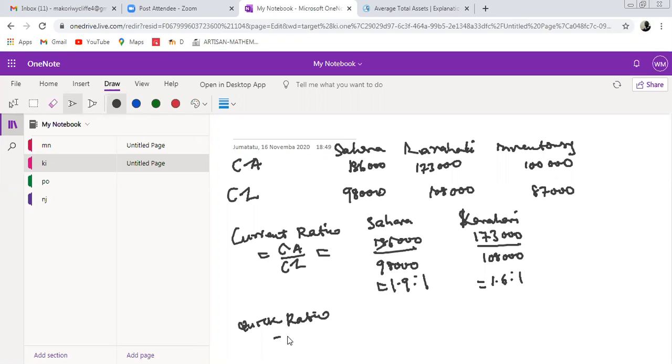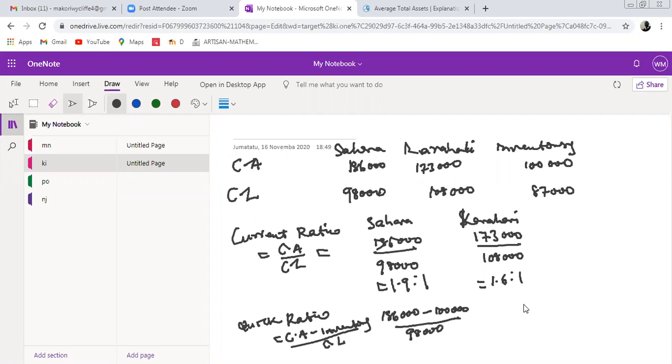which we know is current assets minus inventory over current liabilities. For this case, the Sahara, we had 186,000 worth of current assets minus the inventory, which is 100,000, over the current liabilities, which is 98,000.